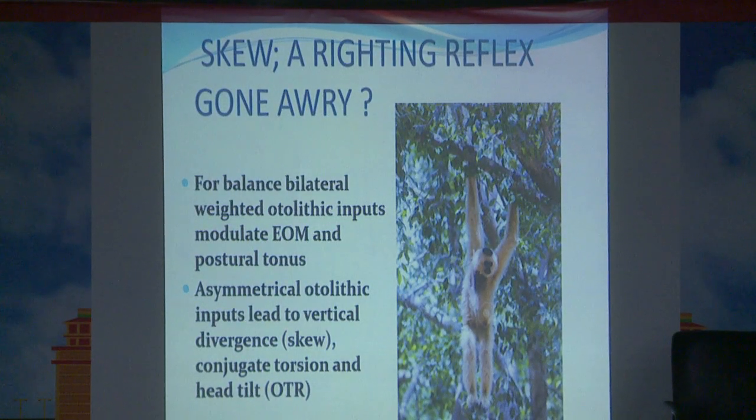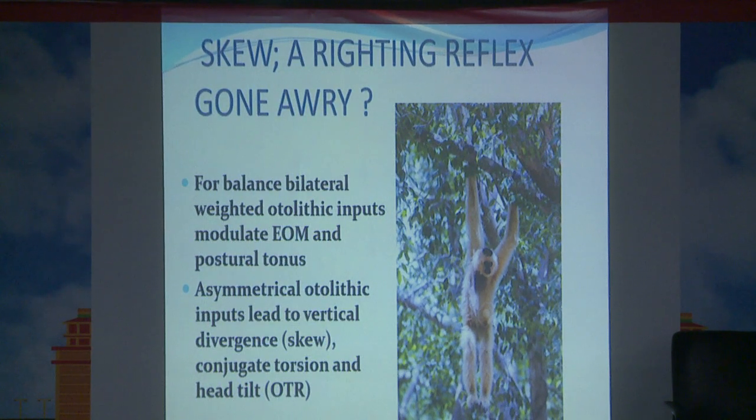Now, why a skew? Basically these otolithic pathways are a righting reflex. So if there is a problem with the otolithic pathways on one side, they are important for balance. Like monkeys, we can all climb trees with a lot of finesse. If you look at those spider monkeys in South America, they hang with their tail and do all kinds of things.